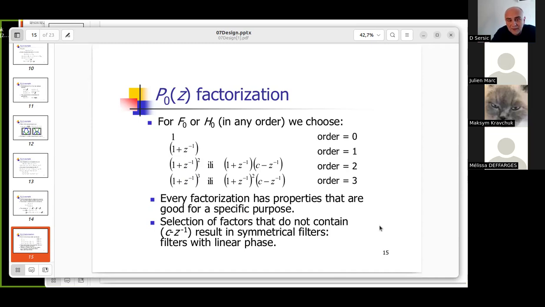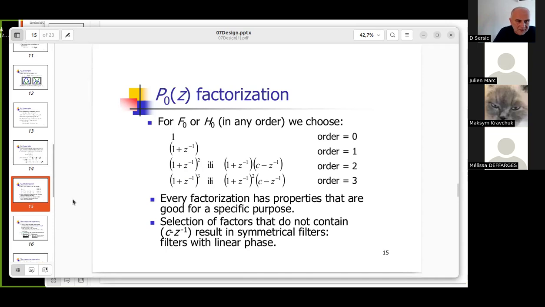It is a desired property. People from signal processing will say that such a filter has linear phase, which means that they are symmetric and have constant delay. If you choose it in such a way that they are not symmetric, then you do not have linear phase, and sometimes if you change something, it has no symmetrical influence on the result.